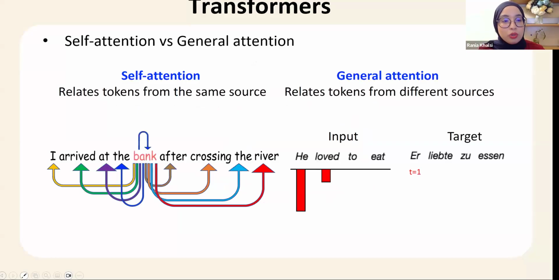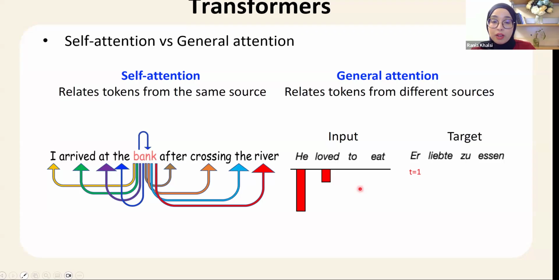Okay, so now we can compare two approaches. We can compare self-attention to general attention. So this is self-attention, this is general attention. In self-attention, the relationships are computed between tokens from the same source sequence, and each token looks at all other tokens within the same input.